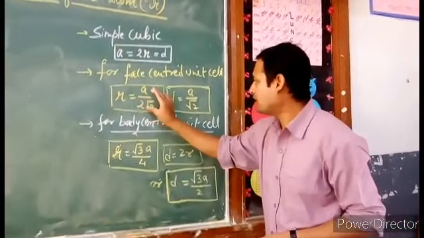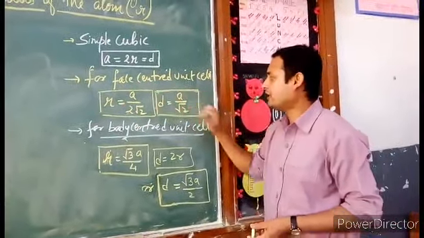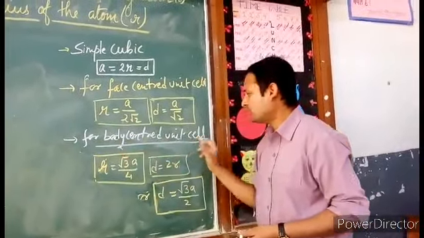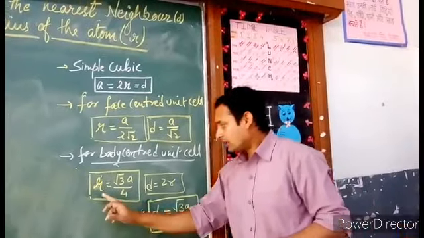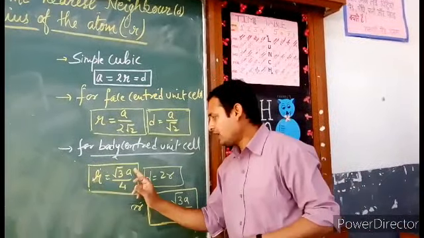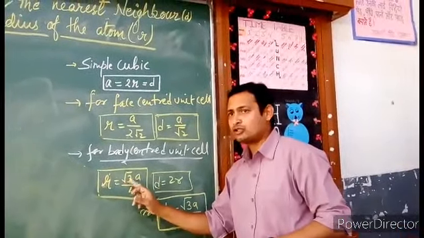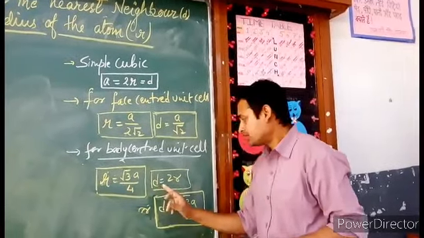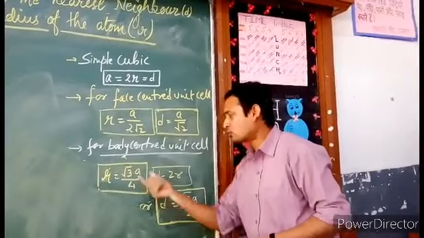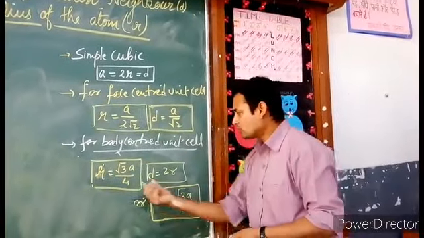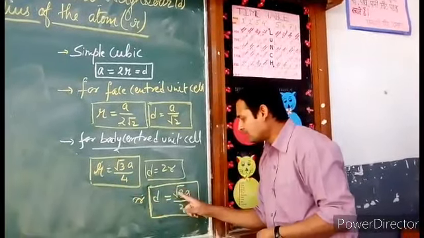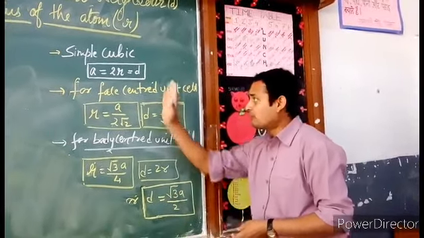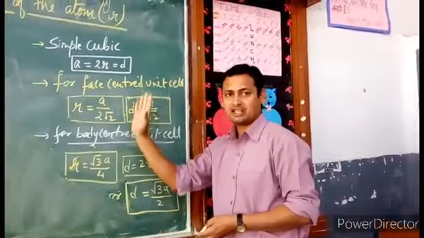So 2 times this value, what will you get? A by root 2. And in the case of body centered unit cell, the radius of atom will be what? Root 3 into edge length upon 4. And the distance of closest approach will be what? 2 times r. So 2 times this value, what will you get? Root 3a by 2. We should know this formula very well, children.